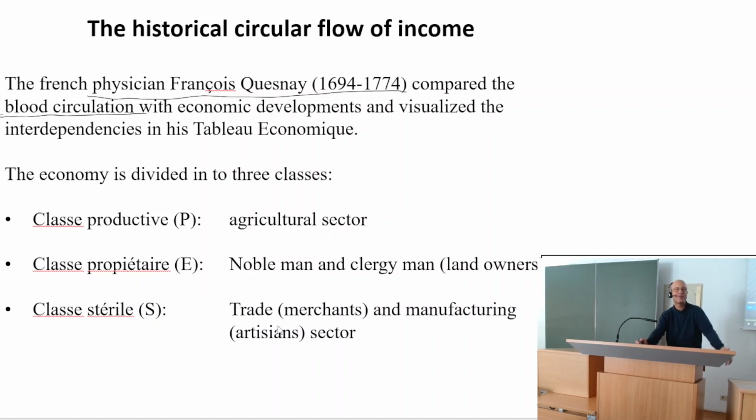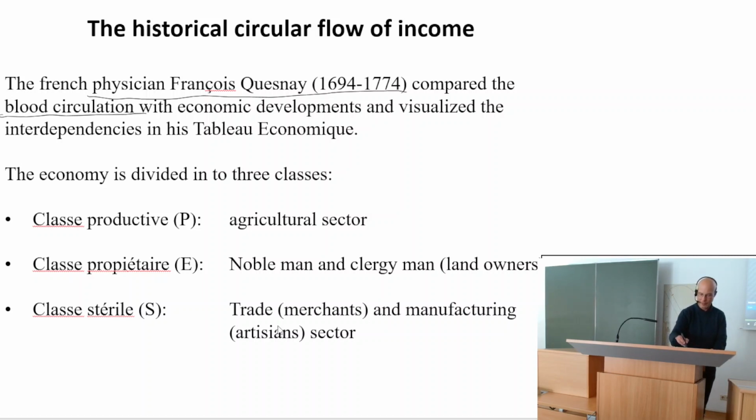And those, they said more or less, when we look to economics and onto the behavior of the individuals, they are buying and selling things. And this is somehow in the same way as the blood is circulating in a human being. Something is going out here and coming in on the other side. You are selling something and I'm buying this.